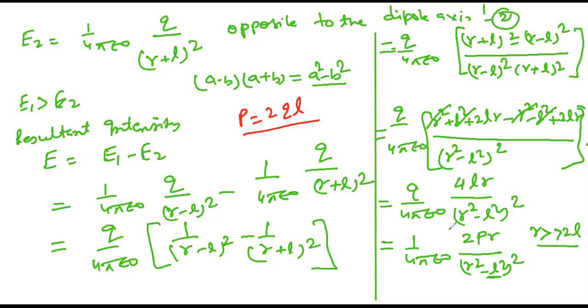Wait a minute. I am changing the page. You tell me the last step you remember, then we'll start from there. What is the second last step? q upon 4 pi epsilon naught, into 4LR, divided by (r square minus L square) whole square.